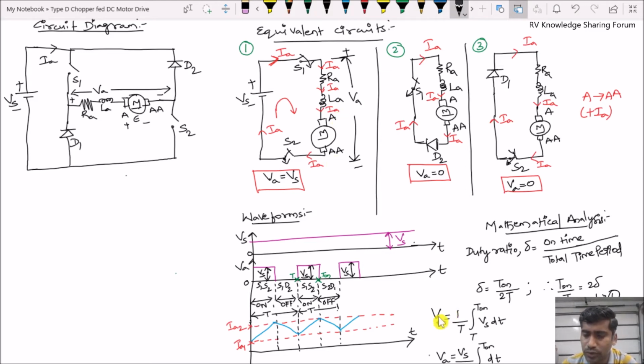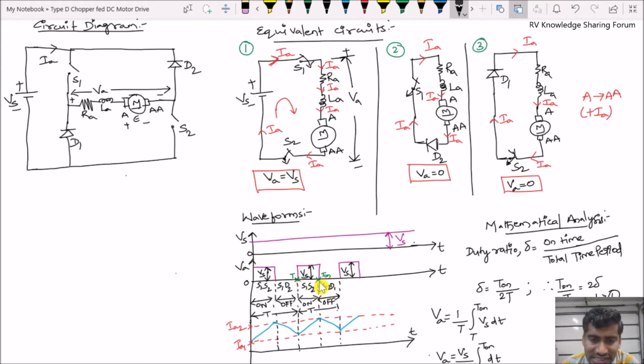Let's derive the output voltage of the chopper. The output voltage of the chopper VA is equal to 1 over the time period T, integration from T to T on of Vs dt. Here I'm considering this pulse to calculate the output voltage of the chopper. This output voltage starts at 0 and ends at T on.